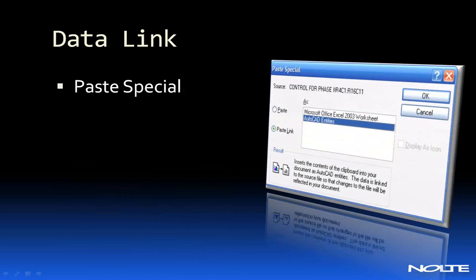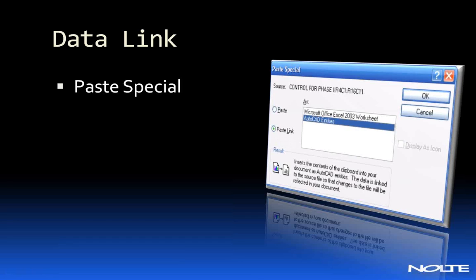Additionally, instead of going through all of those steps, if you select the range in your Excel spreadsheet and copy, and then go to the Paste Special command in AutoCAD, paste with a link, and choose to create AutoCAD entities, this will also create a linked table in AutoCAD.